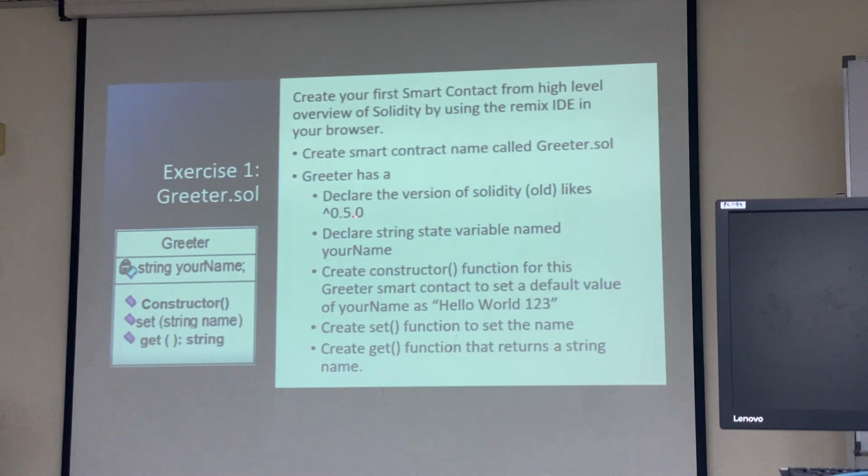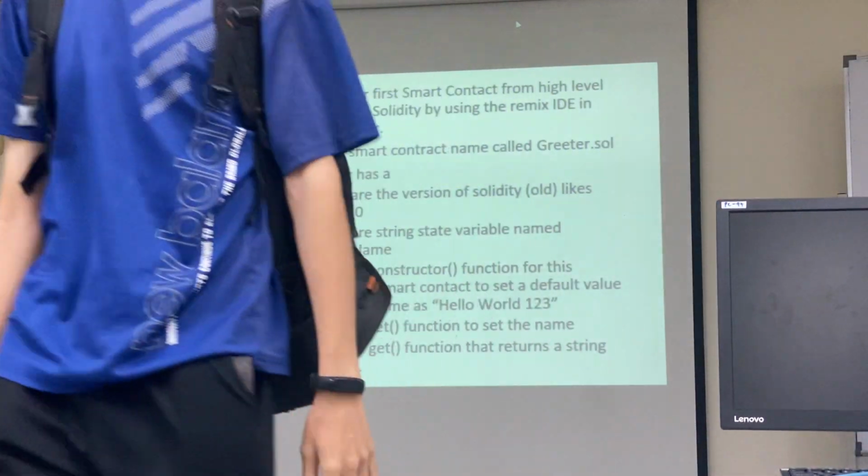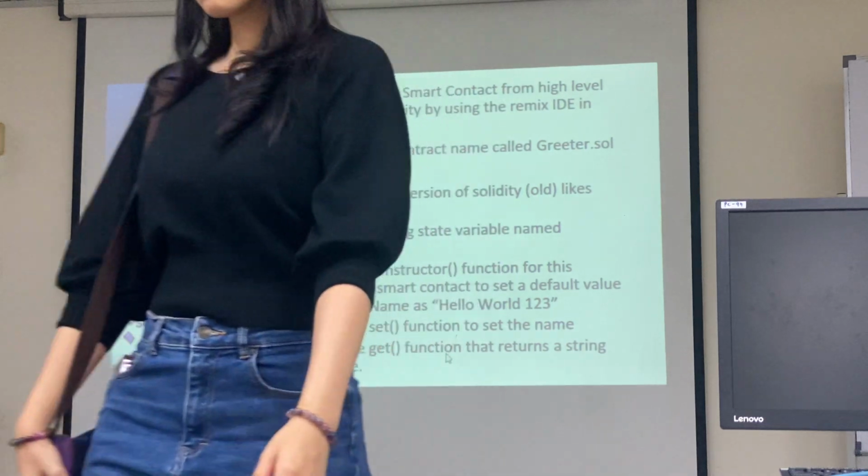Last week we used the old versions of the compiler to write this program and understand, based on the class diagram or contract diagram, how you should write your code.